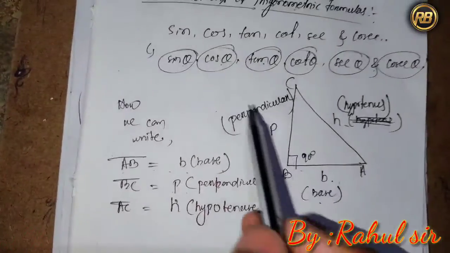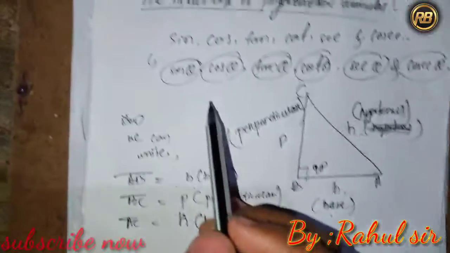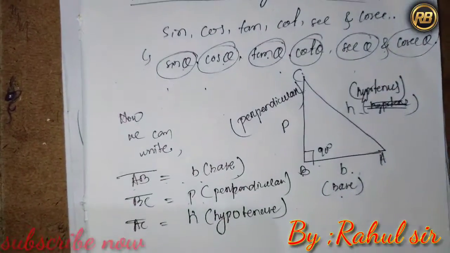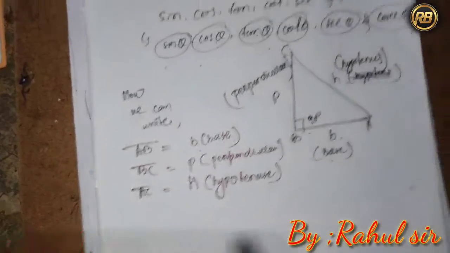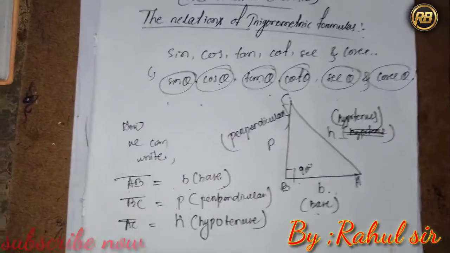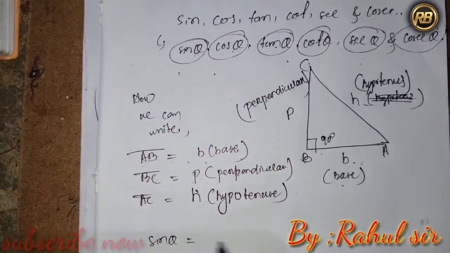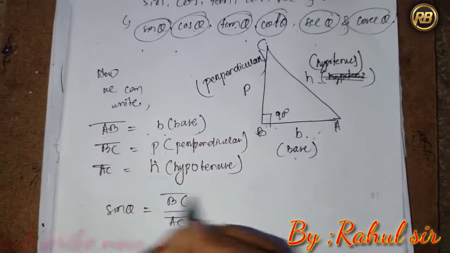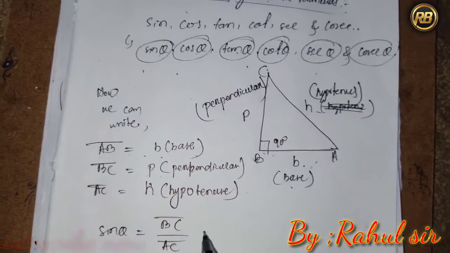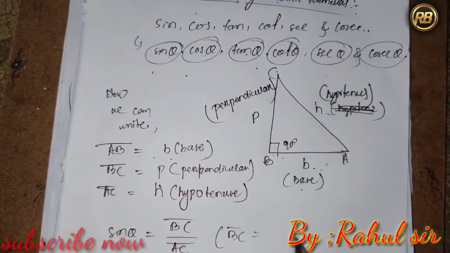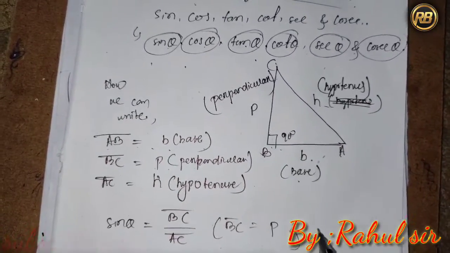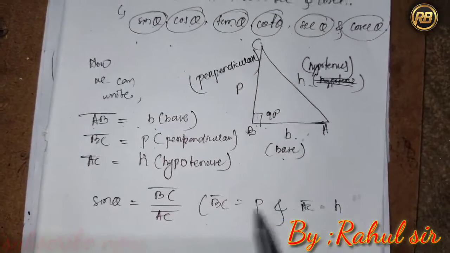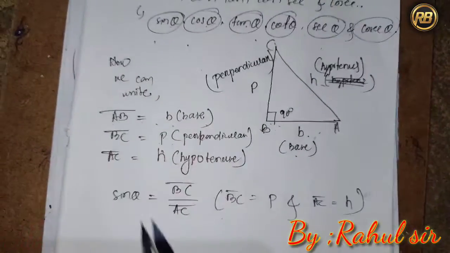Now you can find the values of sine theta, cos theta, tan theta, cot theta, sec theta and cosec theta. Now we can write sine theta equals BC by AC, where BC equals P and AC equals H, P for perpendicular and H for hypotenuse.